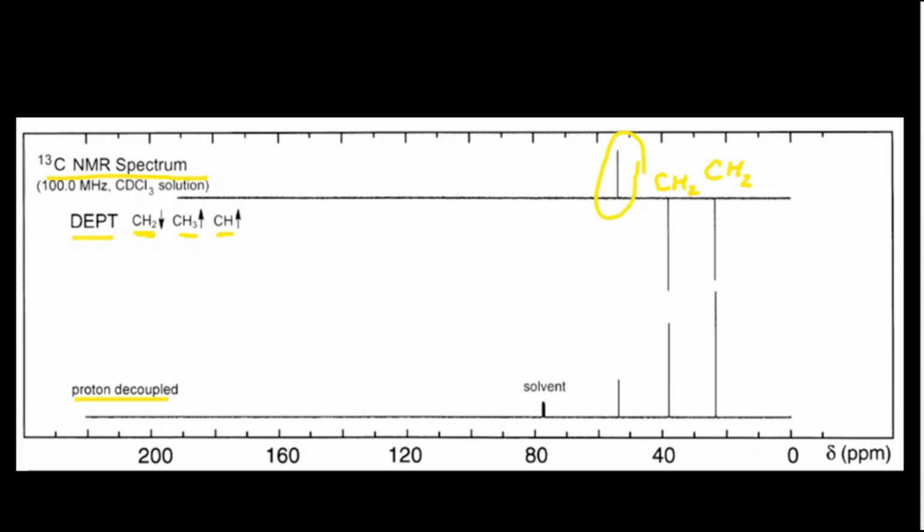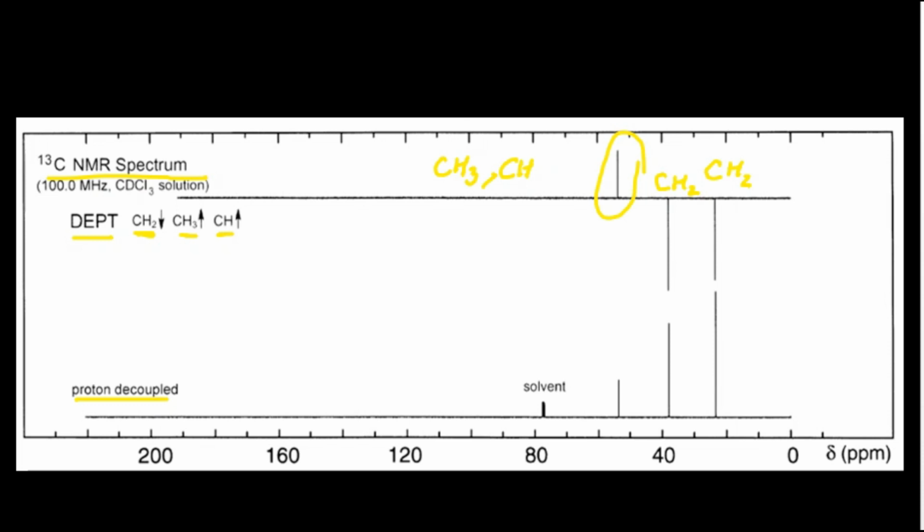And the one signal is in the upward direction, so it means that either a CH group or CH3 group is present. So this is the information that you obtain from the DEPT: the presence of CH2 groups, two kinds of CH2 more specifically, and either the presence of a CH or a CH3 group.